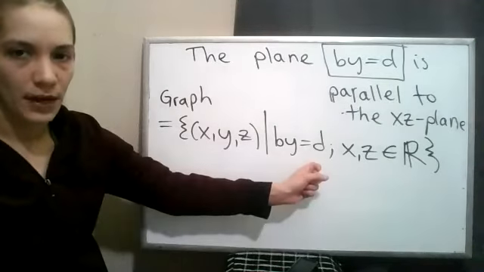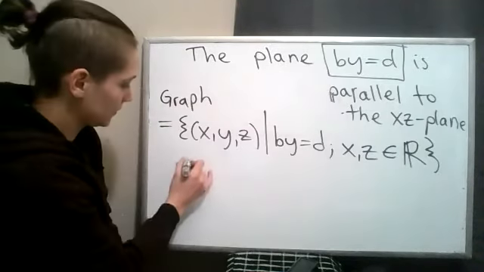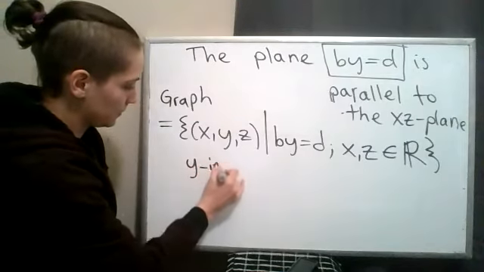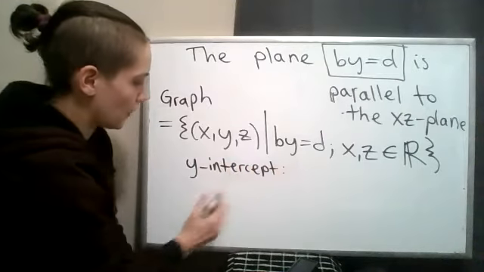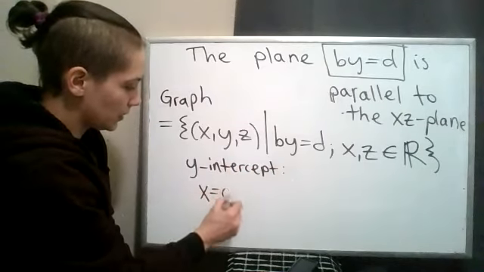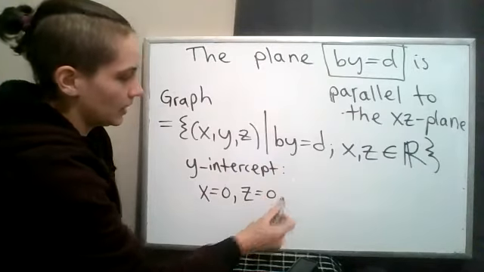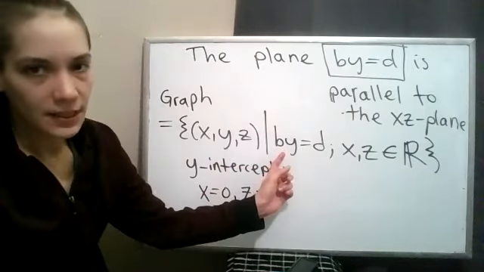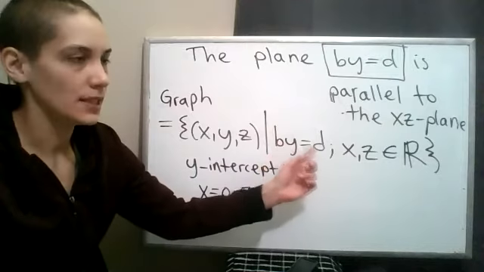Let's talk about the y-intercept. We let x equal 0, z equal 0. That doesn't affect this equation. When that occurs, y equals d over b.